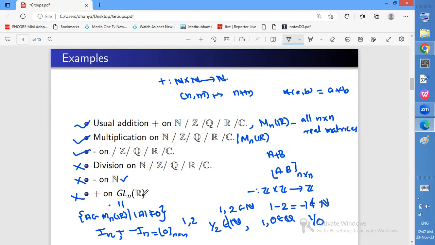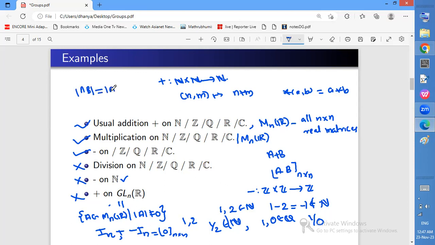So this is not a binary operation. What if we are considering multiplication? Then it will form a binary operation. Multiplication is a binary operation on GLnR. Why is it so? We are taking any two invertible n by n matrices A and B. We can define the product, which is again an n by n matrix with entries in R. Now what about the determinant?